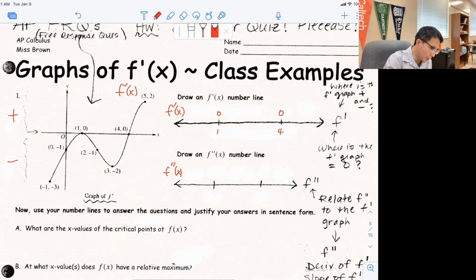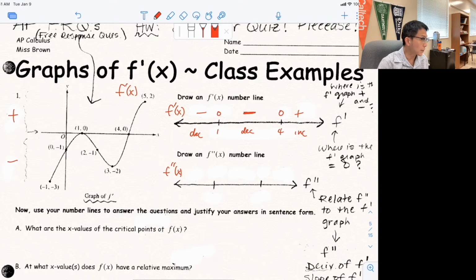Before 1, it's going to be negative. Between 1 and 4, it's going to be positive. After 4 to 5, sorry, this one's negative, my bad. So negative, negative, positive.